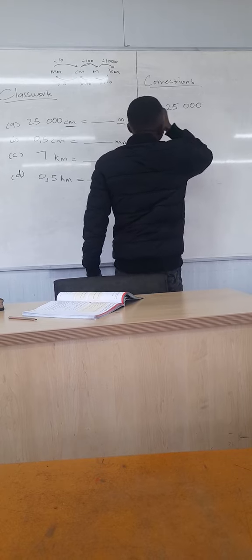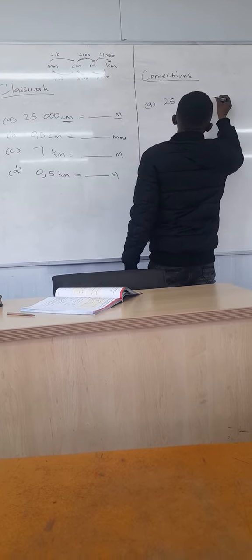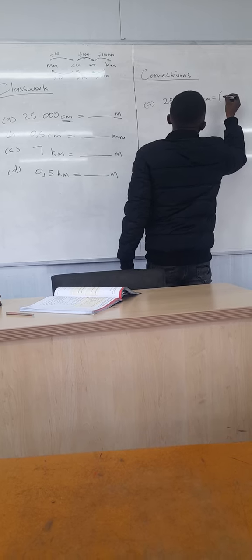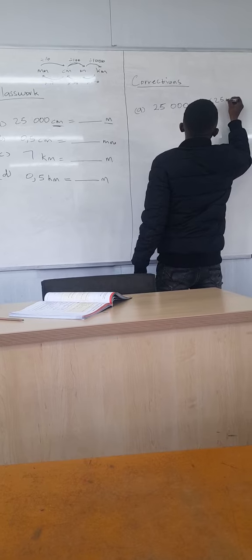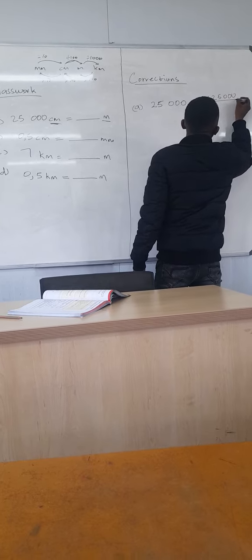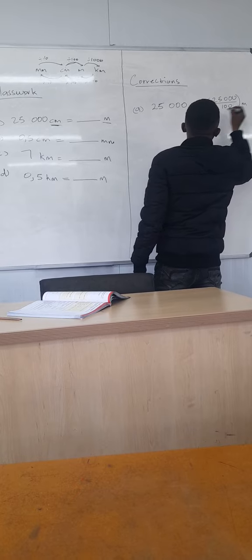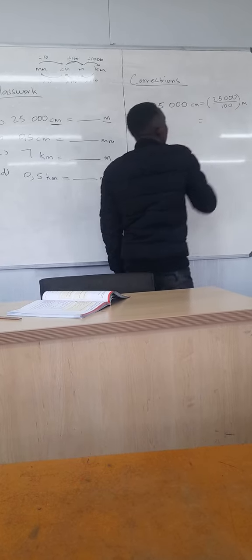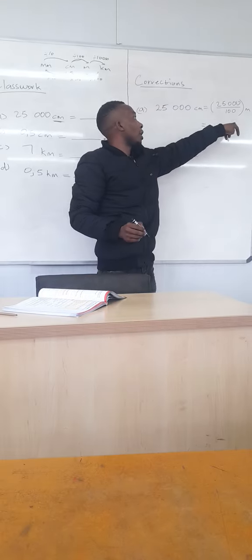So we're going to say 25,000 centimeters, we are going to divide by 100. So we want to divide 25,000 by 100.